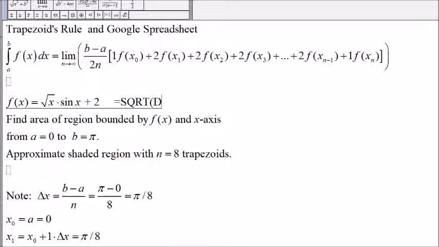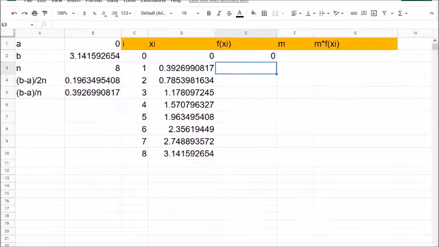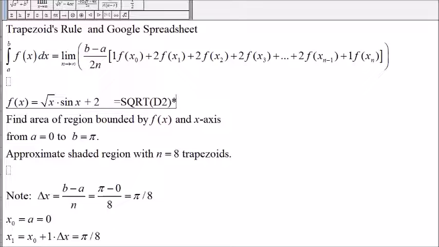So we would do D2, and then times the sine function, which is SIN in the Google spreadsheet, and then x of y again is D2, and then plus 2. So this is how we would input this function into the spreadsheet.